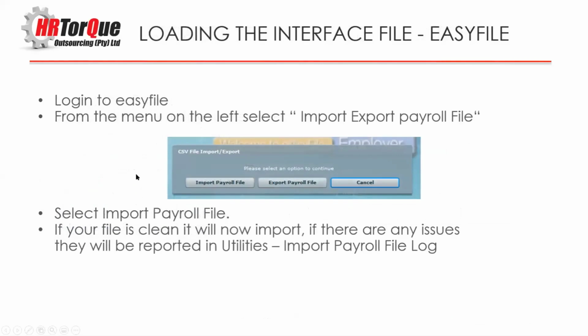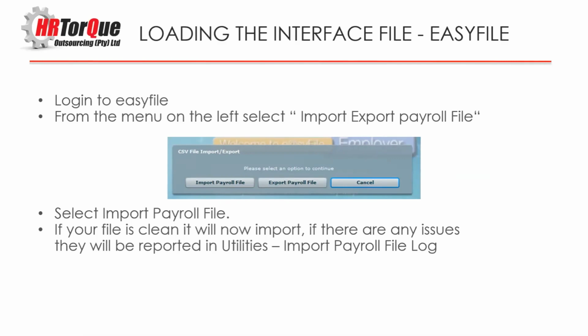Okay, so at this stage we're going to assume, again, you've now got your file. You have a file with no real errors on it as far as the payroll data is concerned. You've validated and checked that your EMP501 is correct, your SDL is all happy campers, and you're going to now load it into your EasyFile software.